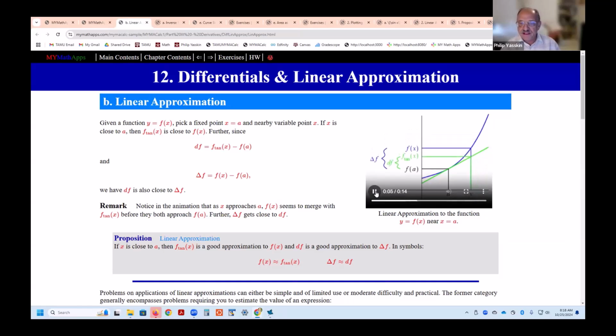The function and the tangent line merge before they actually reach the point. They're merged now. And so it gives the students an understanding of the interval on which the linear approximation will be good.